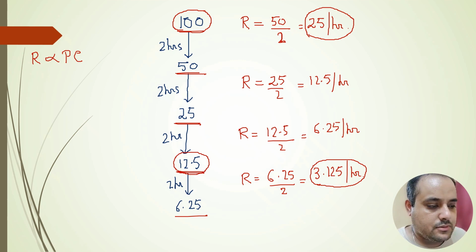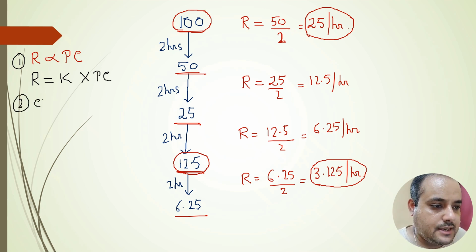Now we also know that if you want to remove this proportionality, you need to add a constant to it. That means I can write rate of elimination of the drug equals K times plasma concentration, assuming this constant is K. Now let us see what is going to happen to the clearance of the drug. The clearance is given by the rate of elimination divided by the plasma concentration of the drug.